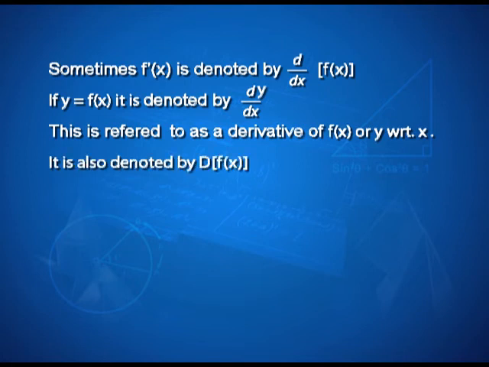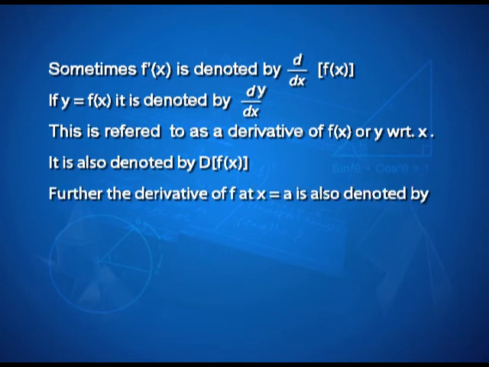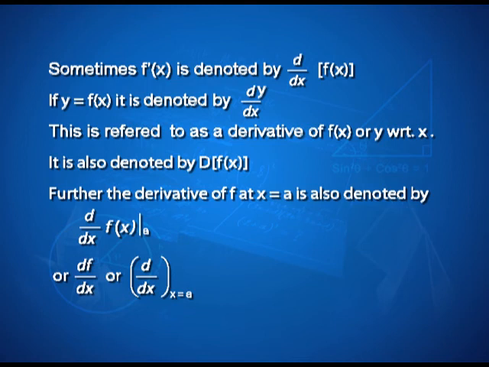It is also denoted by d of f of x. Further, the derivative of f at x equal to a is also denoted by d by dx of f of x at a, or df upon dx at a, or d by dx at x equal to a.